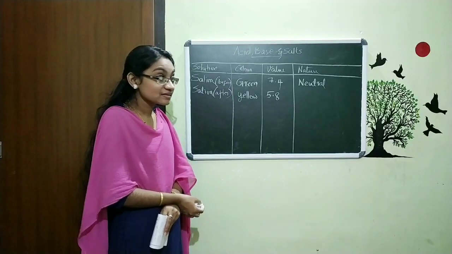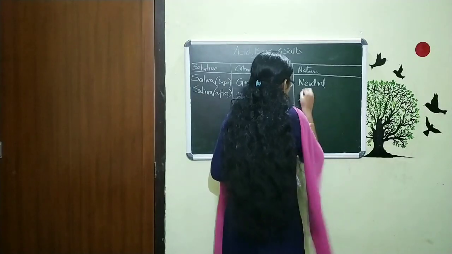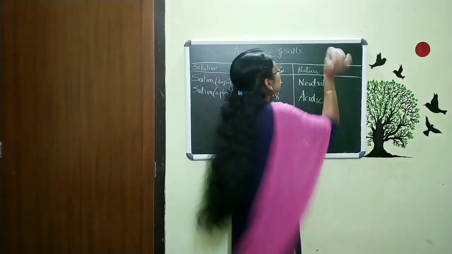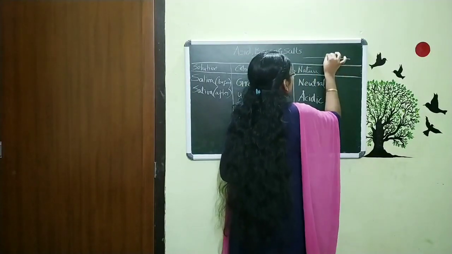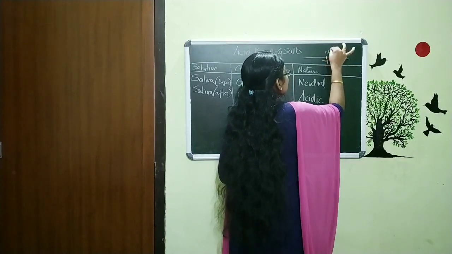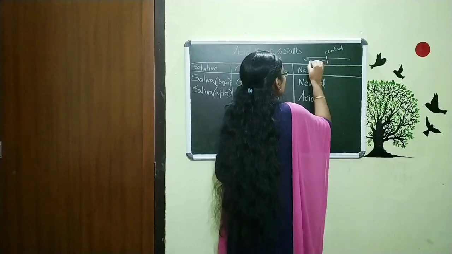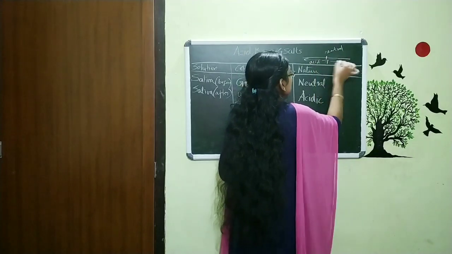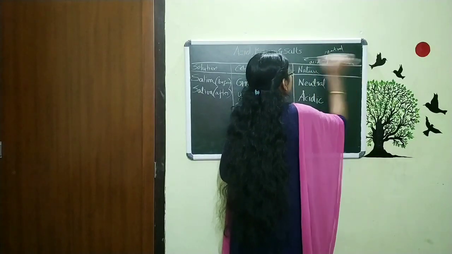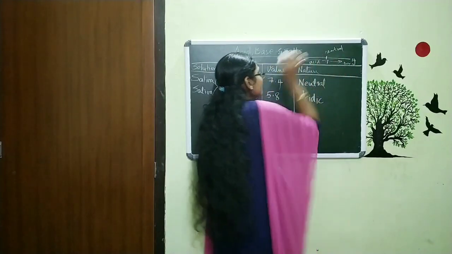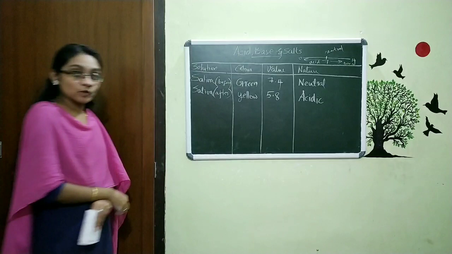It is acidic in nature. We already said that for 7 it is neutral, and on this side it is acid, and on this side it is base. So this 5.8 has an acidic property.